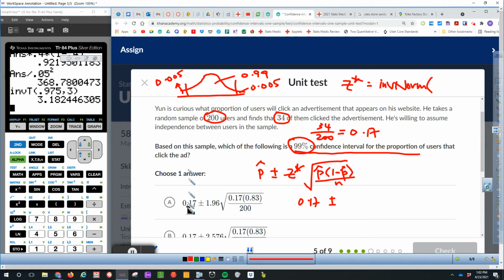So I'm going to add this area, this yellow, because it's area to the left.